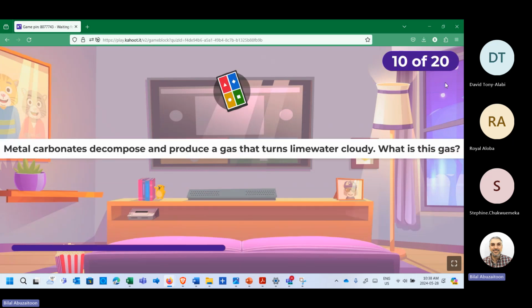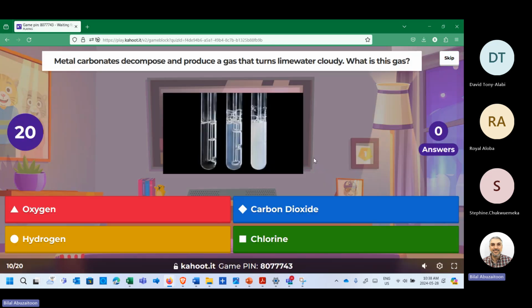Okay. Metal carbonates decompose and produce a gas that turns limewater milky. I know this is like old stuff. Yeah, you studied this before, but why not review?